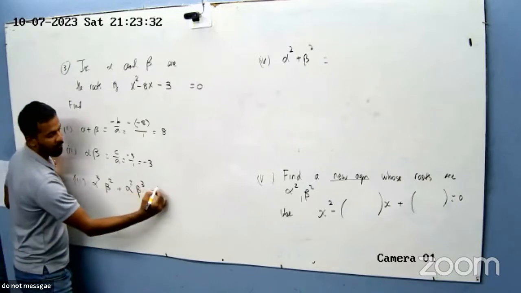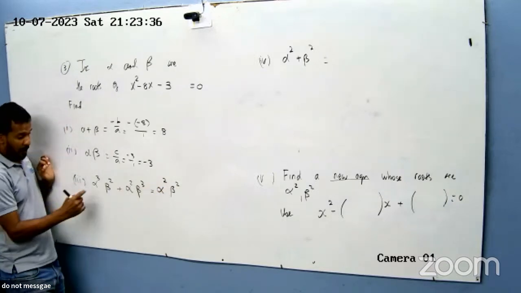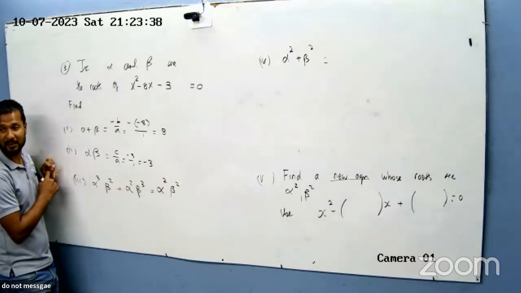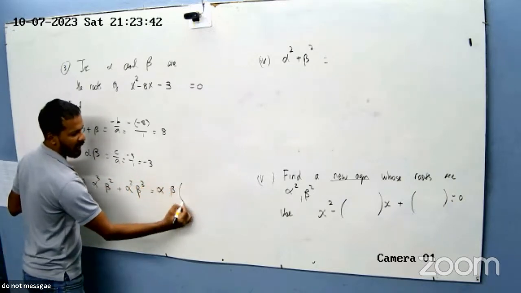Factor out alpha squared beta squared; they both have alpha squared beta squared common. But let's just say you factored out alpha beta.